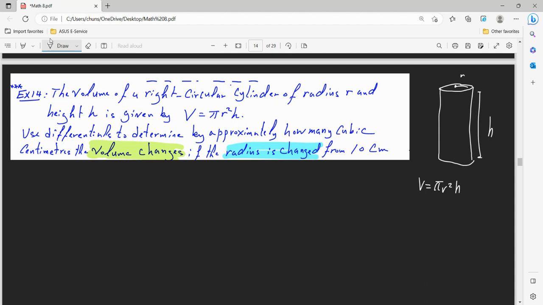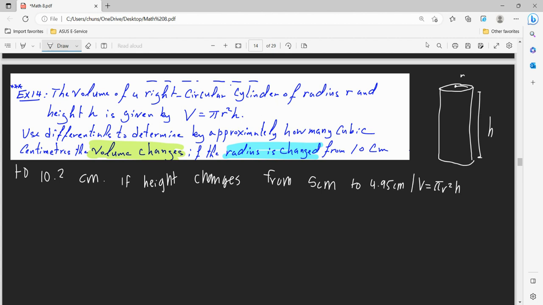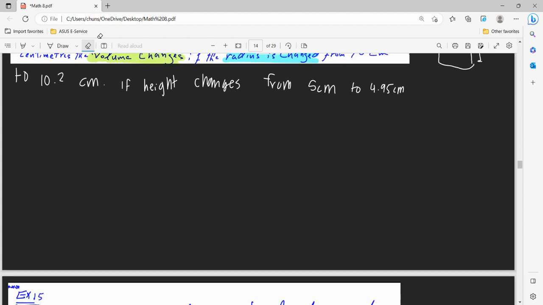So use differentials to determine how many cubic centimeters the volume changes if the radius is changed from 10 centimeters to 10.2 centimeters, and if height changes from 5 centimeters to 4.95 centimeters. Okay, sorry, let me just get rid of this altogether. So how would you start to approach a question like this?